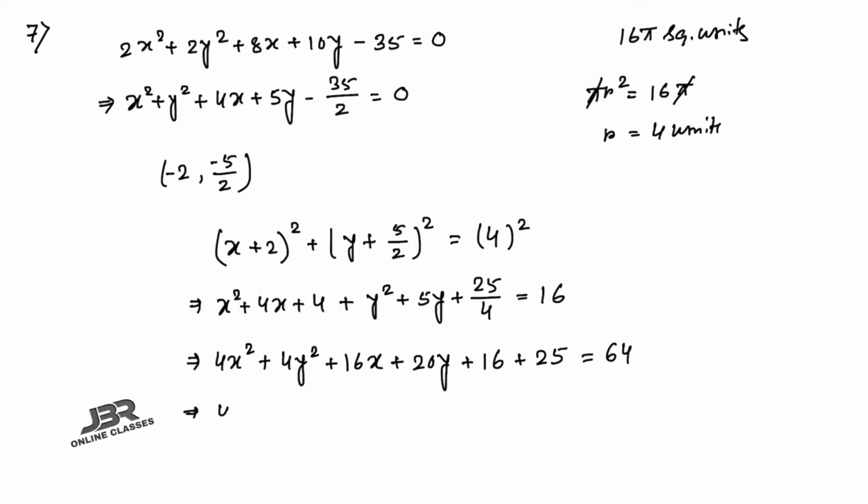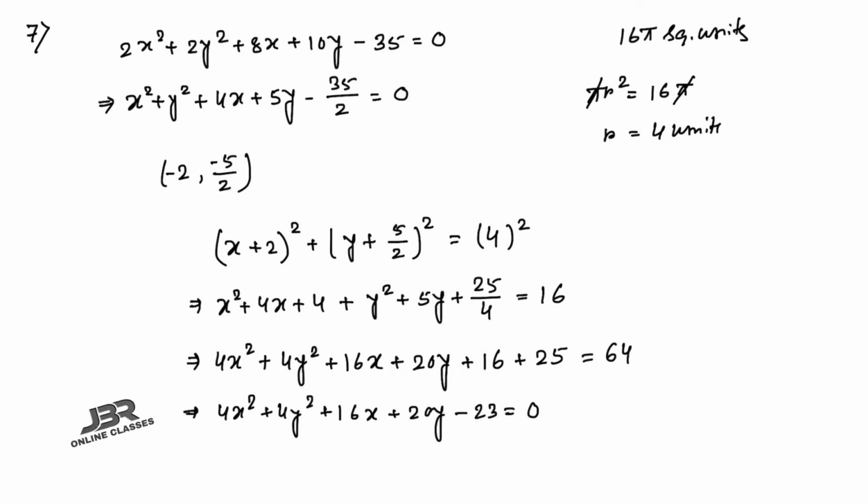So here your final answer: 4x square plus 4y square plus 16x plus 20y, then 16 plus 25 is 41, 41 minus 64 is minus 23. Okay, so minus 23, that is your final answer.